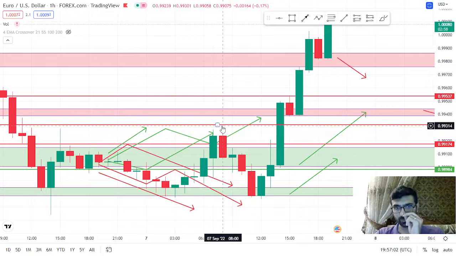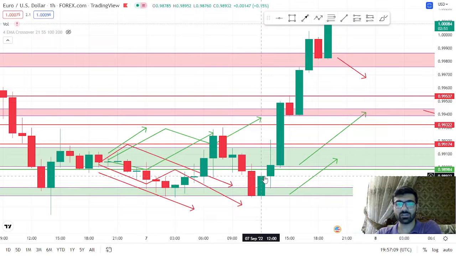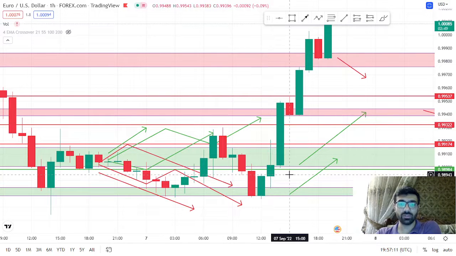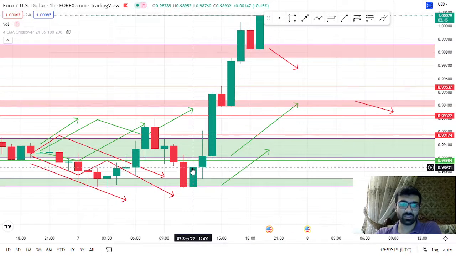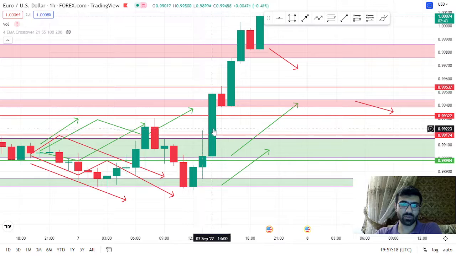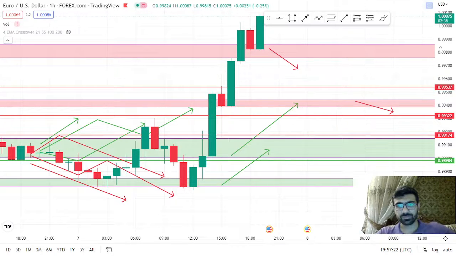Then the market respected this area, and then the market was below this area. Then the market came all the way down, and then once again the market went up. So you guys can clearly see that the risky buying setups from here and from here came into play beautifully.